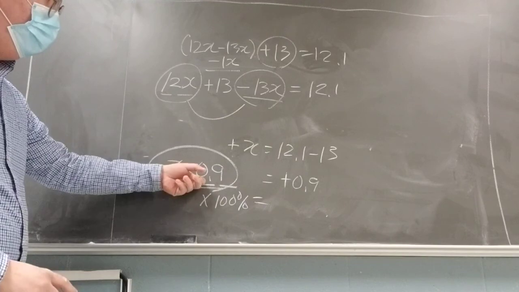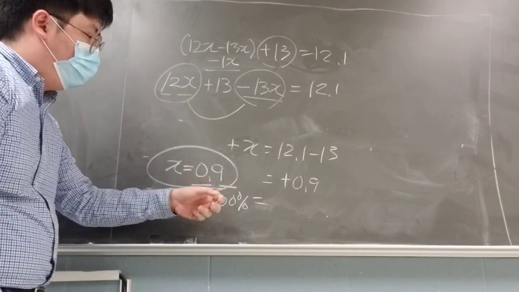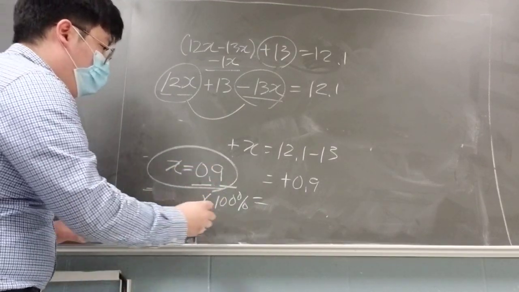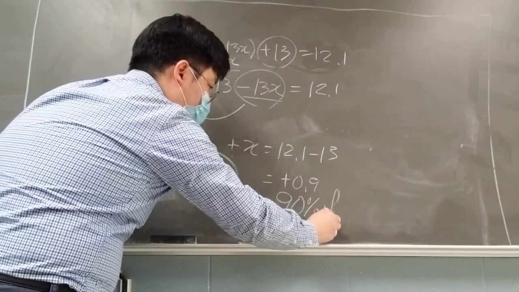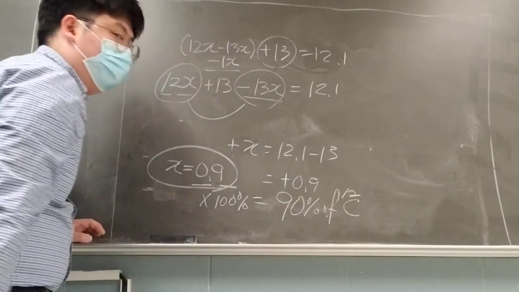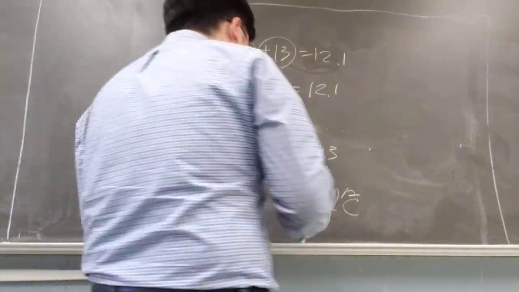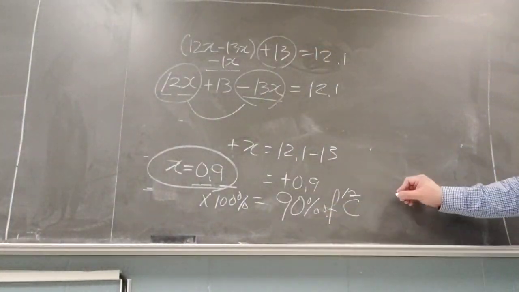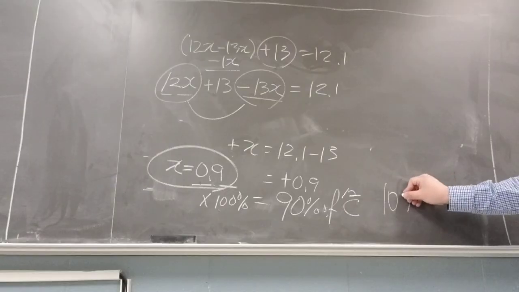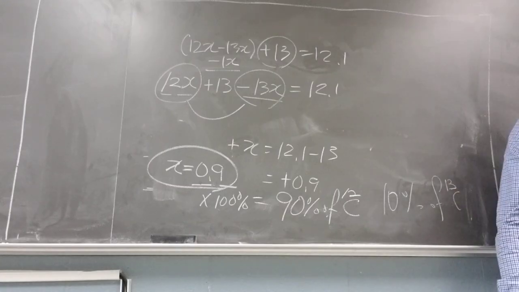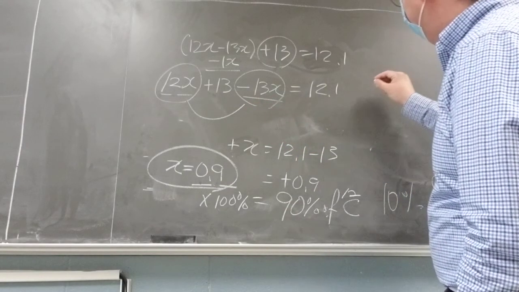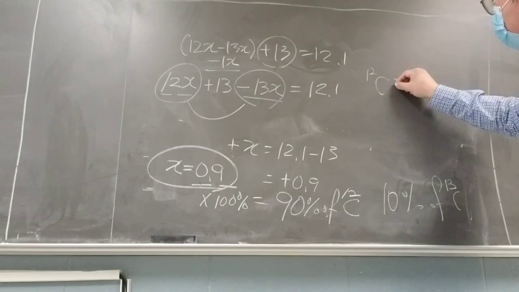So 0.9 means you have 90% of carbon being carbon-12. And that makes the other 10% of the carbon what? Carbon-13.